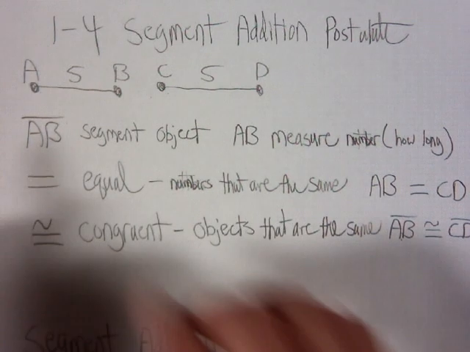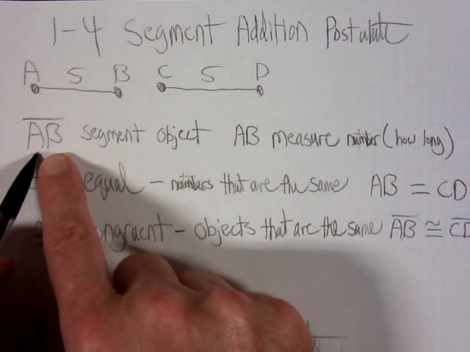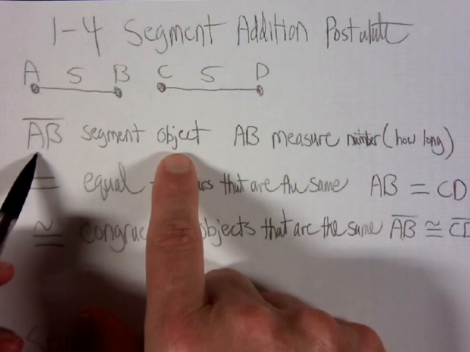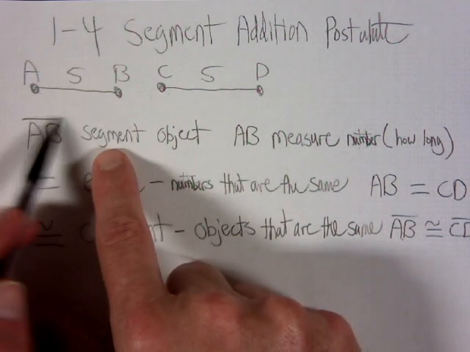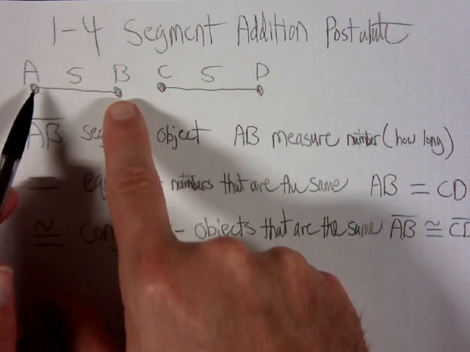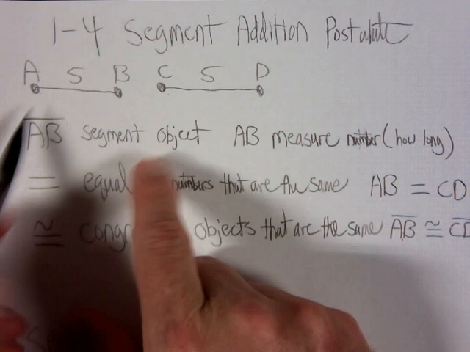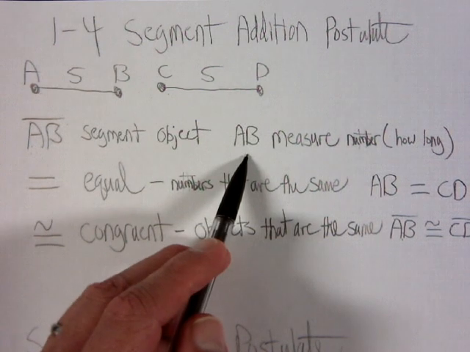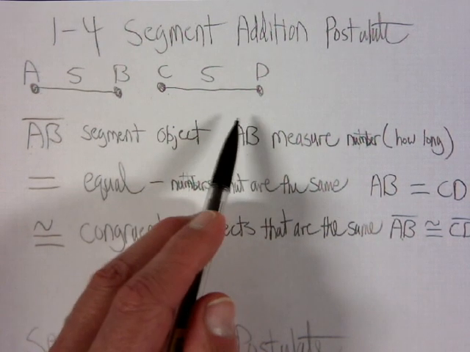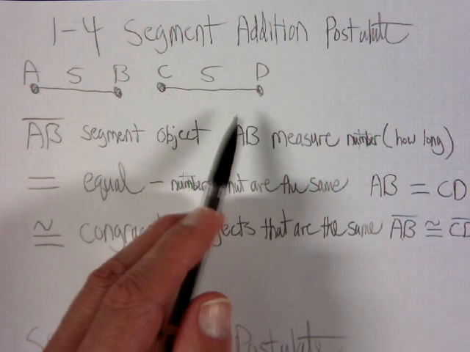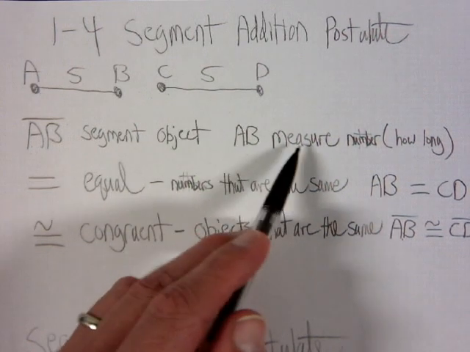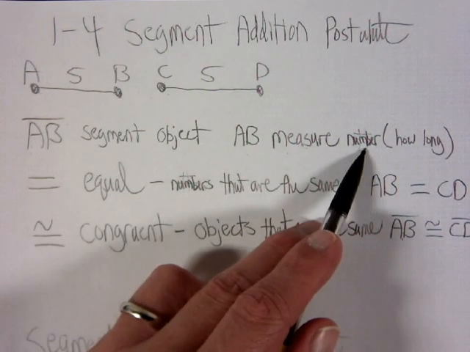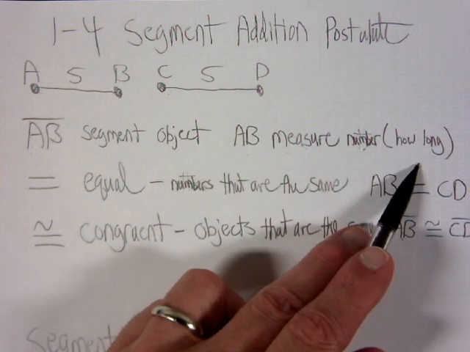With regard to the notation, remember, when you write this, this is a segment, and a segment is an object. So if it's got that segment symbol over it, you're talking about the segment AB, the object itself. Now, if you just write AB and you don't put the segment bar above it, then you're talking about the measure of segment AB, and the measure is a number, how long the segment is.